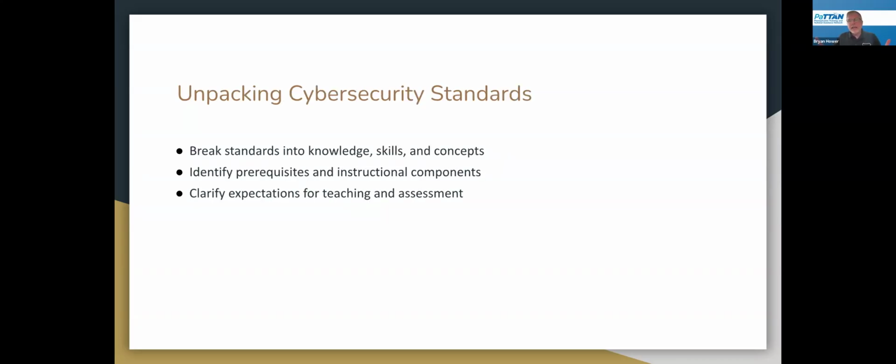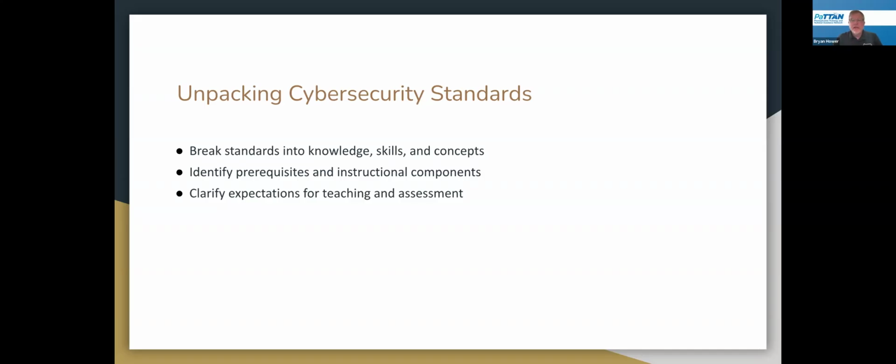Now, unpacking is the process of breaking down the standards into their components and smaller parts to guide the instruction. Raw standards are often broad statements that encompass multiple knowledge elements, skills, and concepts. Unpacking reveals these components and helps you understand them.